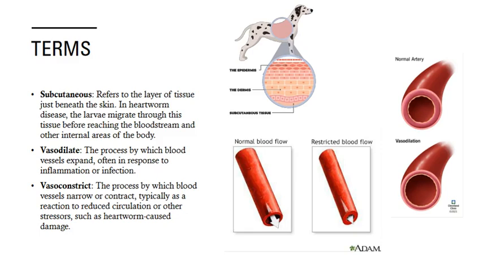Vasodilation, the process by which blood vessels expand, often to respond to inflammation or infection. And vasoconstriction, the process by which blood vessels narrow or contract, typically to reduce circulation, and other stressors such as heartworm cause damage.